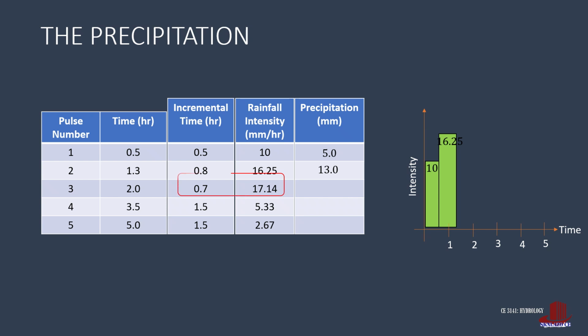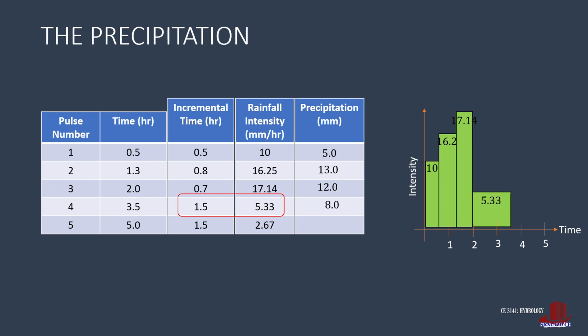The third is 0.7 with 17.14 resulting to 12, followed by 1.5 times 5.33, which is 8. The last entry is from 1.5 times 2.67. That gives 4. We can then compute for P easily having this precipitation column.